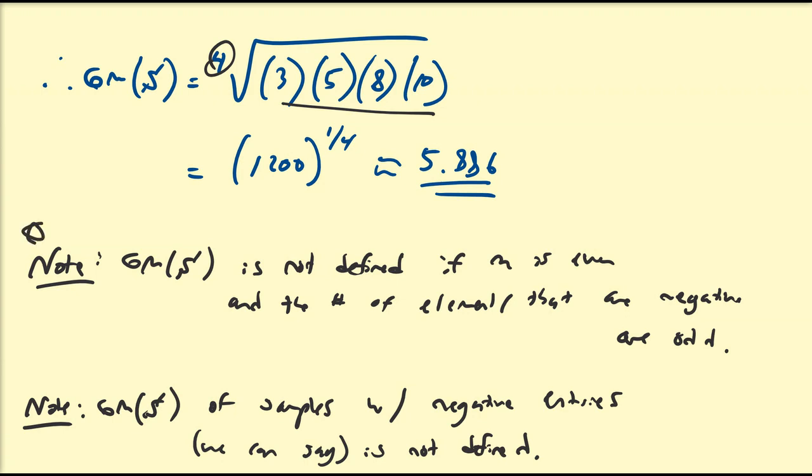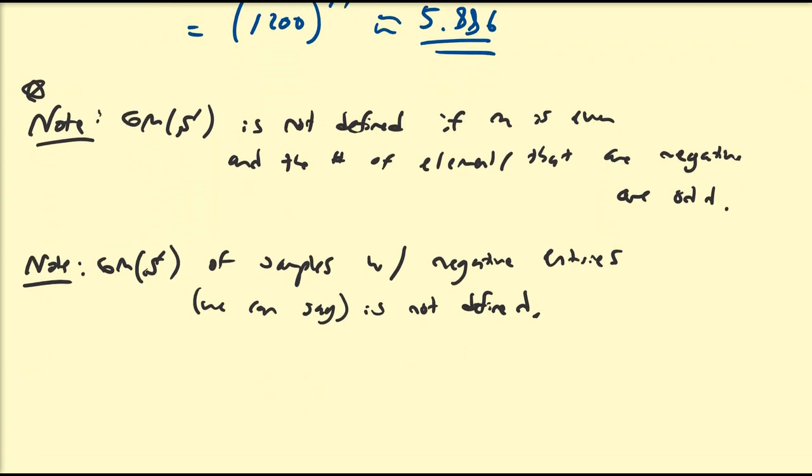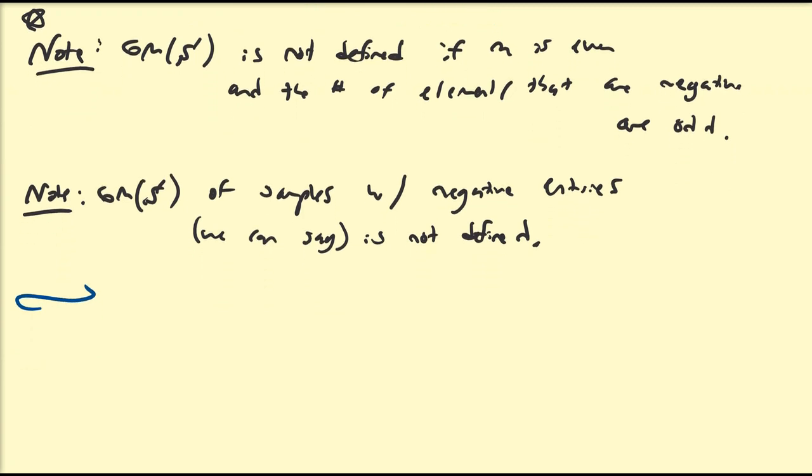This is more of a stronger restriction than the last one. Unless you want to introduce complex numbers into the picture, which, particularly for a basic stats class, is not something of interest. So let's talk about a couple properties that one may have here.